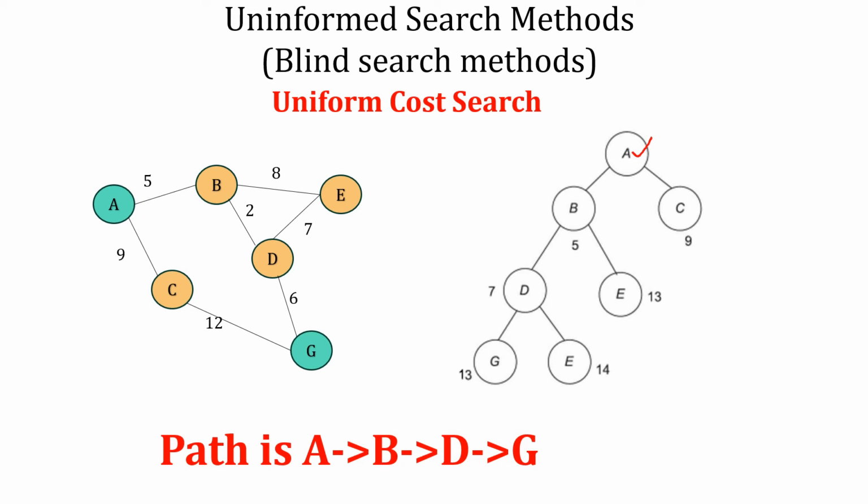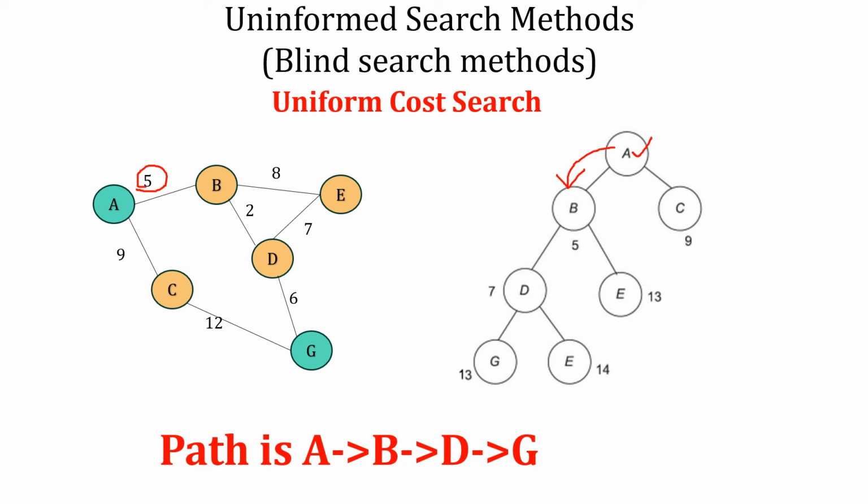The path cost to reach B is 5 and the path cost to reach C is 9, out of which the minimal one is 5. So from A, we reach the node B. So the path cost to reach from A to B is 5.